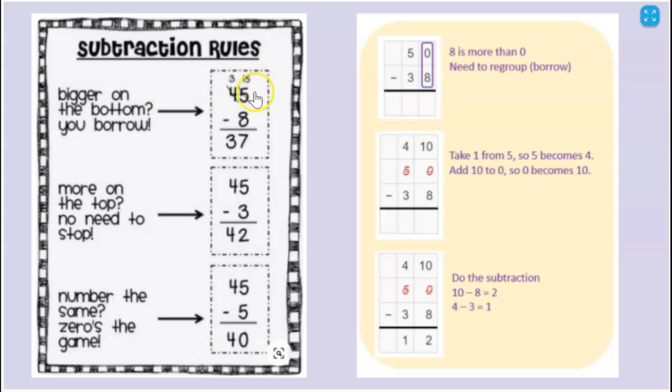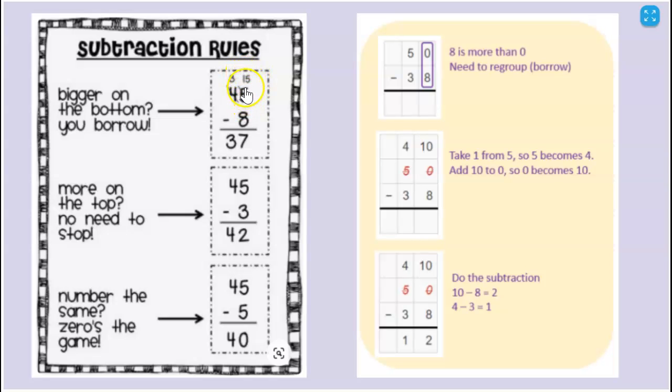Now, when the pizza place borrows from the next door pizza place, the next door pizza place is worth 10s, right? We're in the tens column now. So if I take away 1, I get 3, and I get to put 10 more over here.